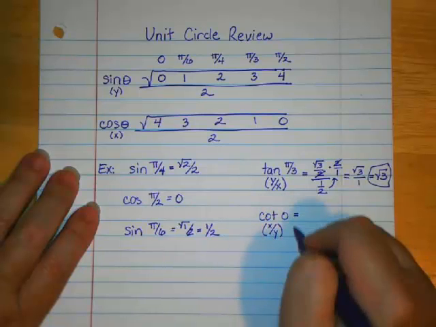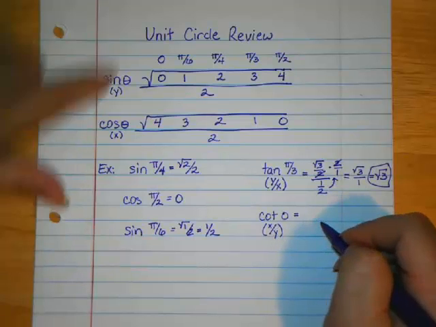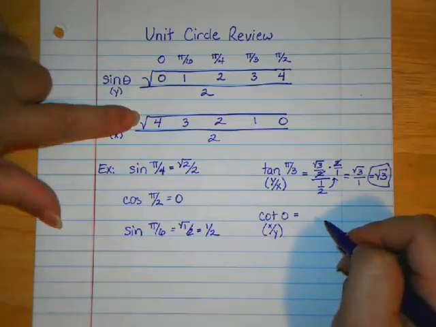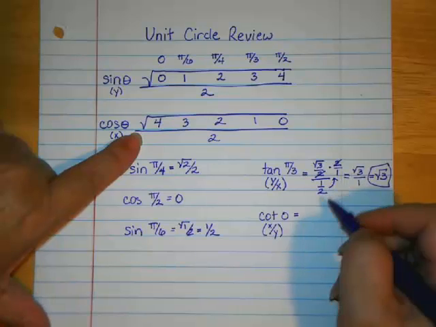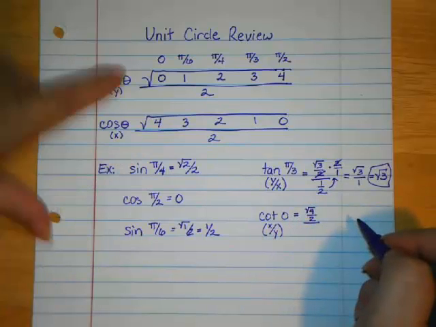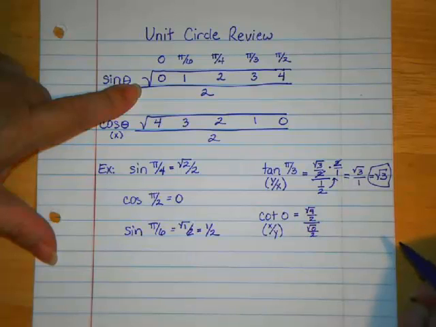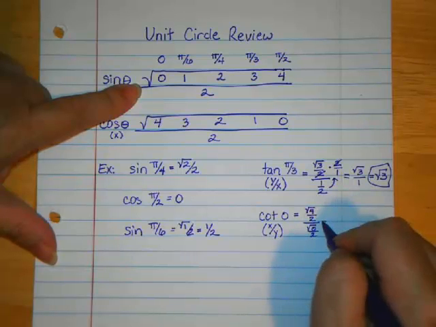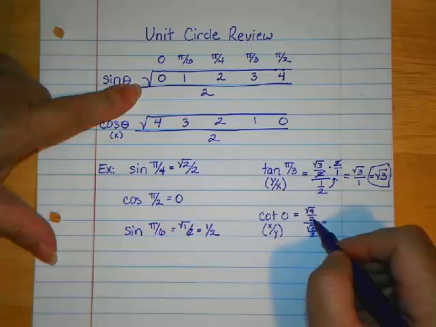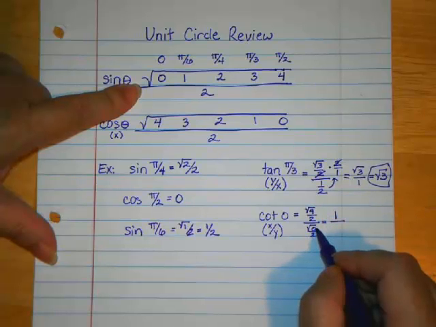Let's take the cotangent of 0. Now cotangent is x over y. So this time I need to put the cosine on top and the sine on the bottom at 0. So the cosine is the square root of 4 over 2 over the sine, which is the square root of 0 over 2.